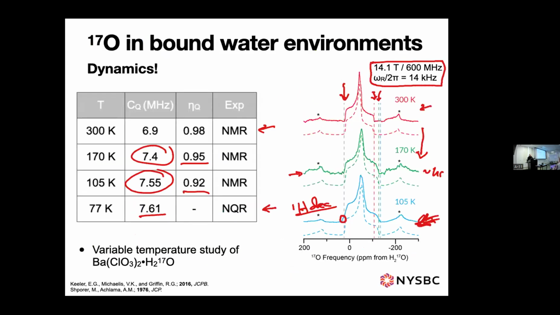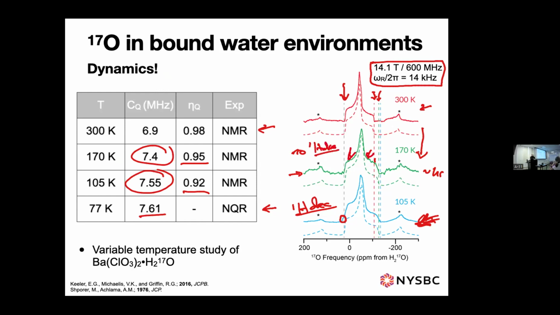In here, where suddenly it's a little bit broader, these two sides are more evened out. This was something I didn't think about when I was actually fitting these, but that's likely due to the hopping motion being at a time scale that is actually affecting the spectrum as well because of those protons. And this is because this has no proton decoupling. So if we proton decouple, that would go away.